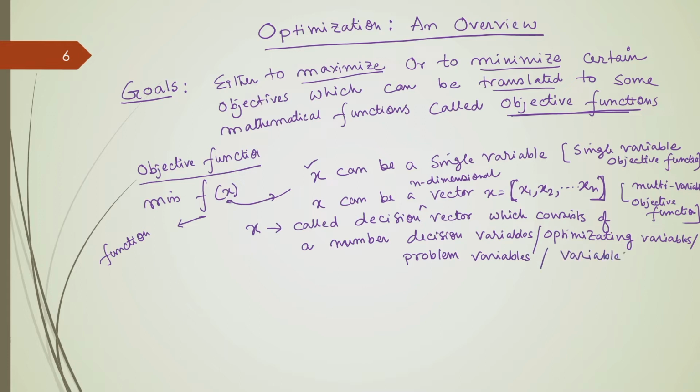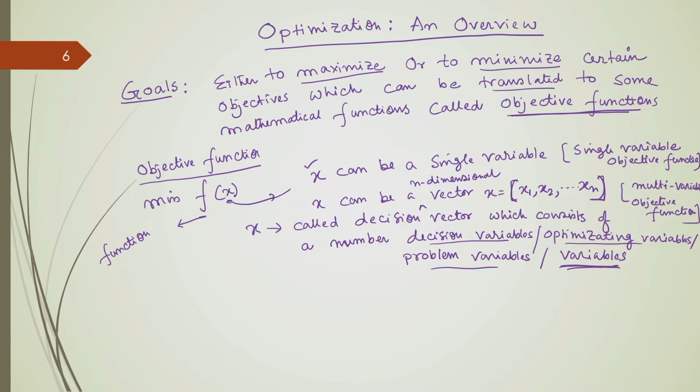If you go through different papers on optimization, they use different names, but all represent the same meaning. They are decision variables x1, x2, up to xn, decision variables or optimizing variables or problem variables, or simply variables. So, x is basically these decision variables.